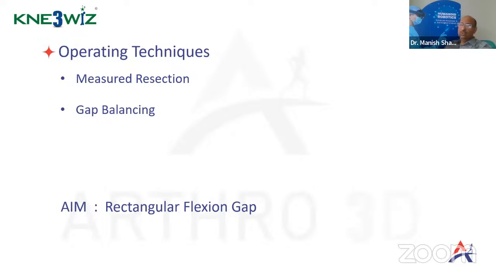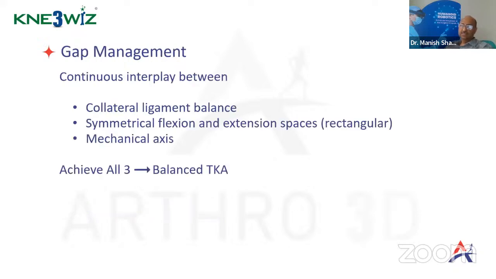As we know, two operative techniques have evolved: measured resection and gap balance. Gap management basically is a continuous interplay between collateral ligament balance, symmetrical flexion and extension spaces, and the mechanical axis. When we achieve all three, we have a balanced TKA.